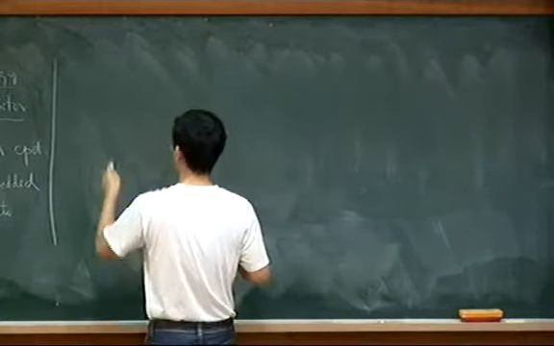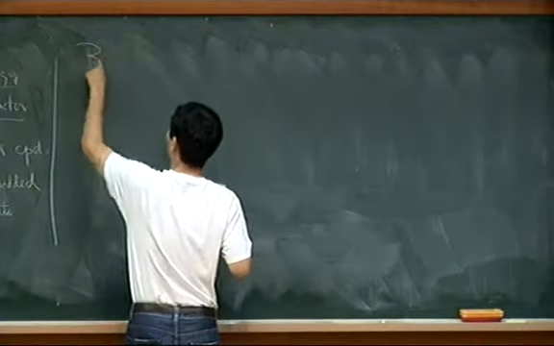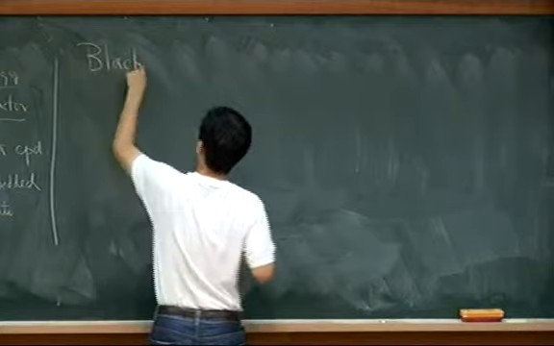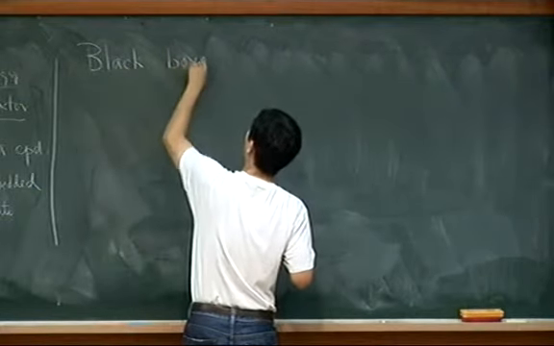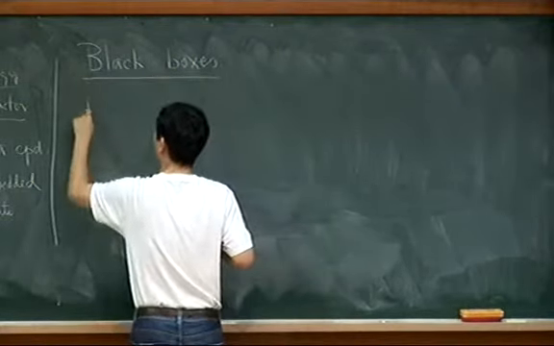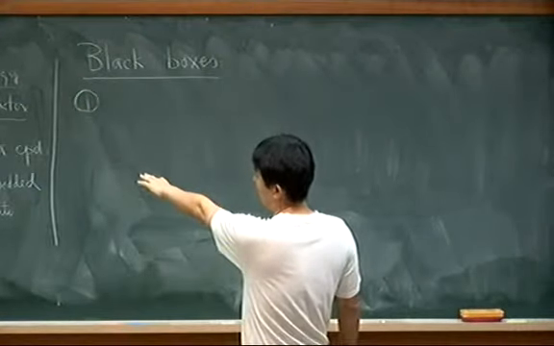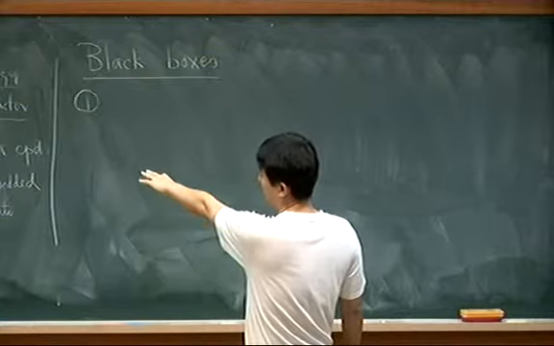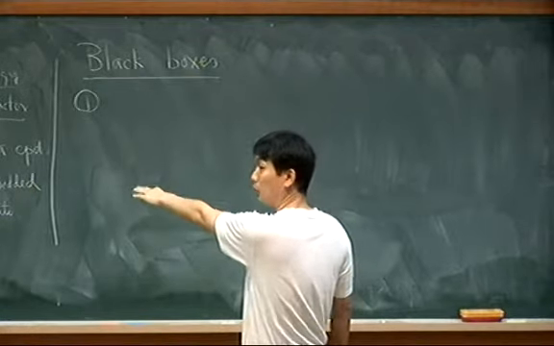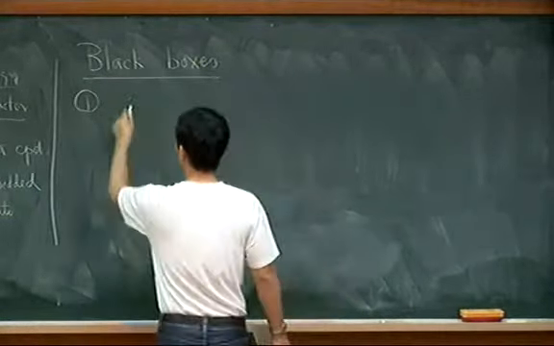Okay, so we have a sequence of black boxes. The first one is that to a pair like this, you can assign a variant of a Heegaard Floer homology group. So you might have heard about this.